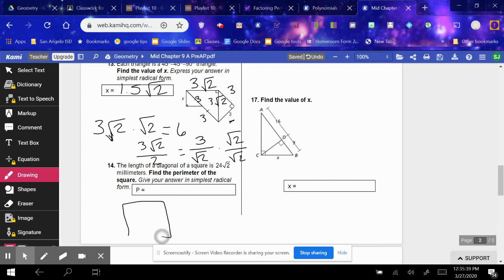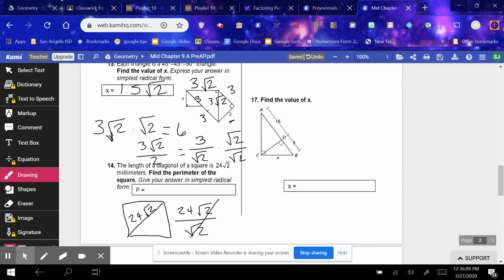So draw a picture. There's a square, and our diagonal is 24 square root of 2. So if you remember on our warm-up, we had a square, we cut it in half. That gives us 2 45, 45, 90 triangles. So to find the side length of the square, we just take our diagonal and we divide by the square root of 2.